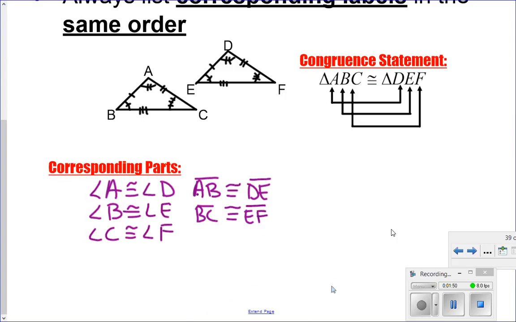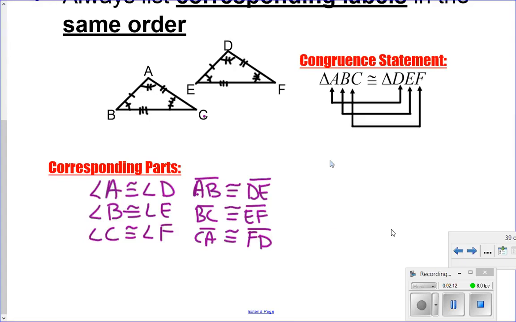And lastly, segment CA is congruent to segment FD. Okay, and again, you don't even need a diagram for that. You just go in the same order to figure out all the corresponding parts that are congruent.